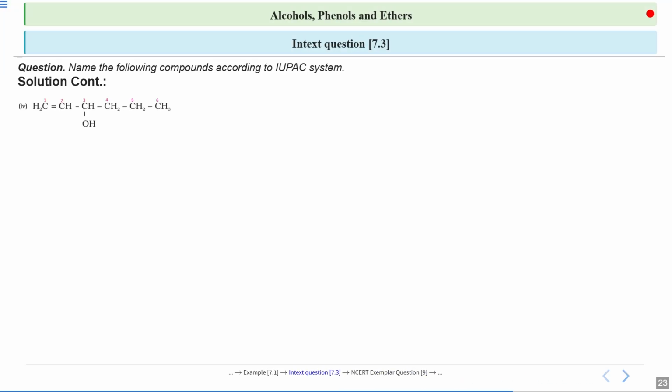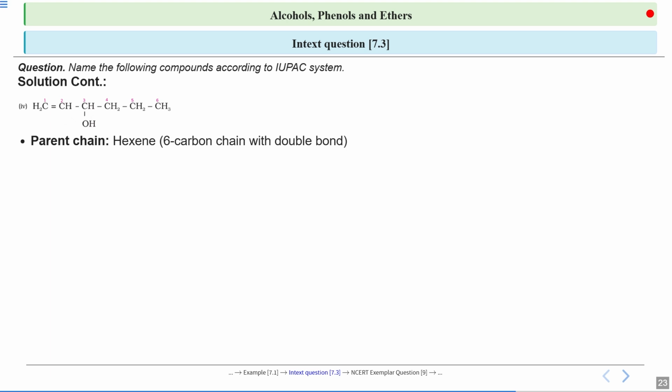Then for our fourth compound, which contains a double bond. Now here, the parent chain should be chosen so that it contains the double bond. Also, the lowest possible number rule will change according to priority. We give more priority to the double bonded carbon, so the lowest possible number should be given to the double bonded carbon, and then in priority comes the hydroxy group.